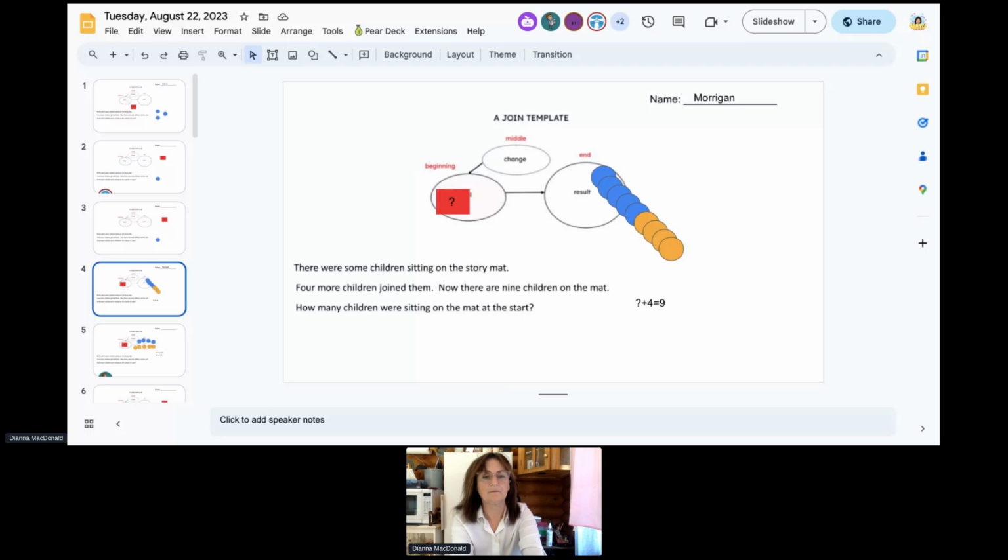I know 4 as well, but I wanted to add 4 counters to the change, but that would have put so many on the board. And that's something I see happening with children as well, adding more counters to represent all the different steps as opposed to moving them. So I could see how demonstrating and working with the template a lot would be so important so that they understand how to move the counters.